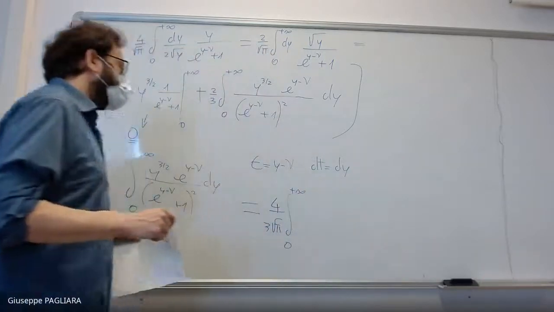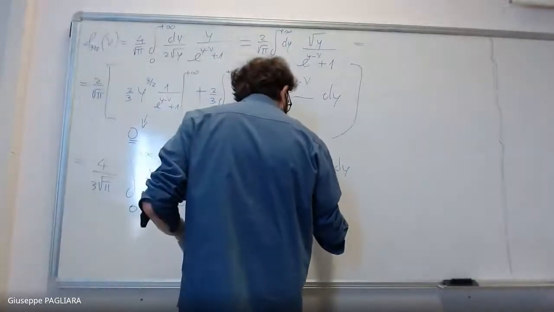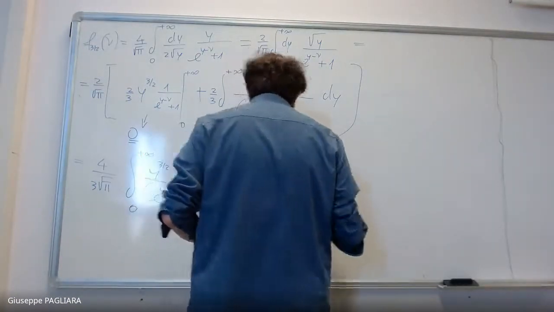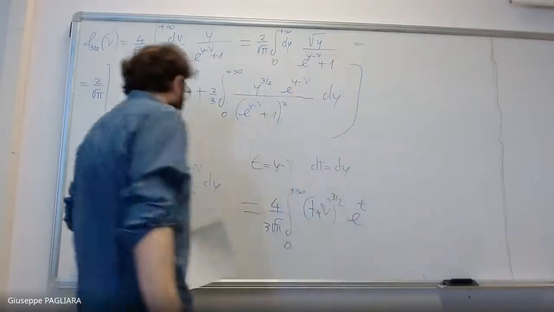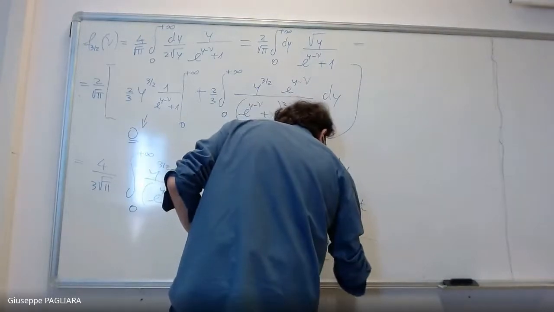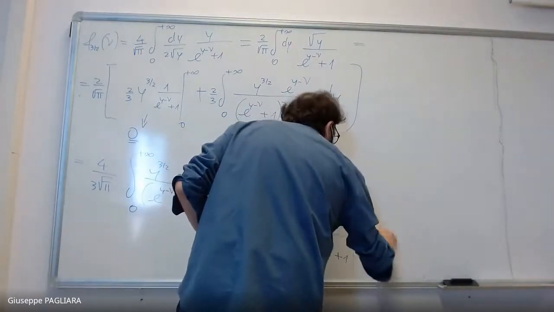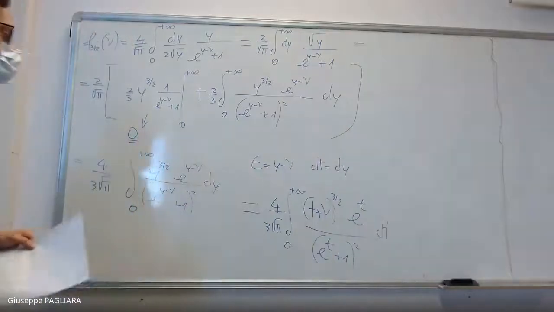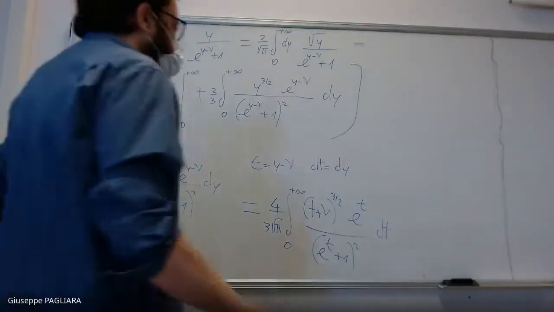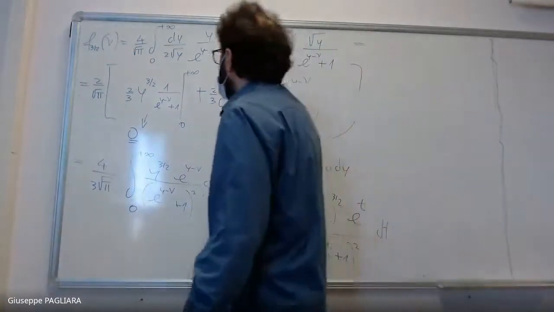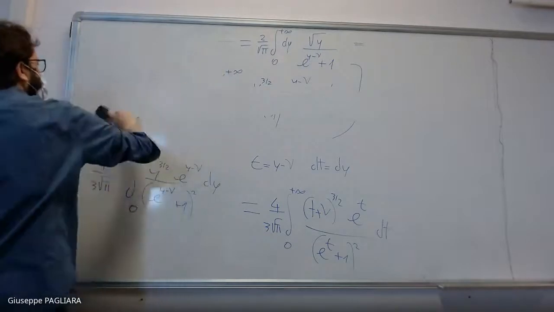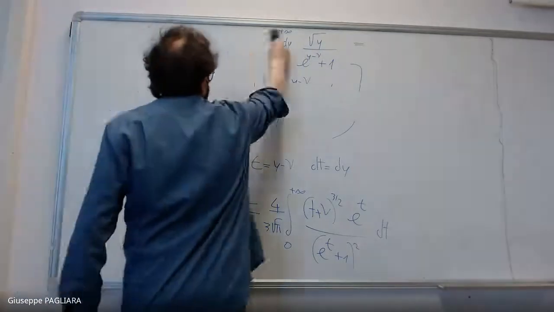What is y? It's t plus mu, to the power of 3/2. And here I have e to the power of t, and the denominator e to the t plus 1 squared, dt. Okay. Now, since mu is large, let me collect mu in such a way that I can do a Taylor expansion.